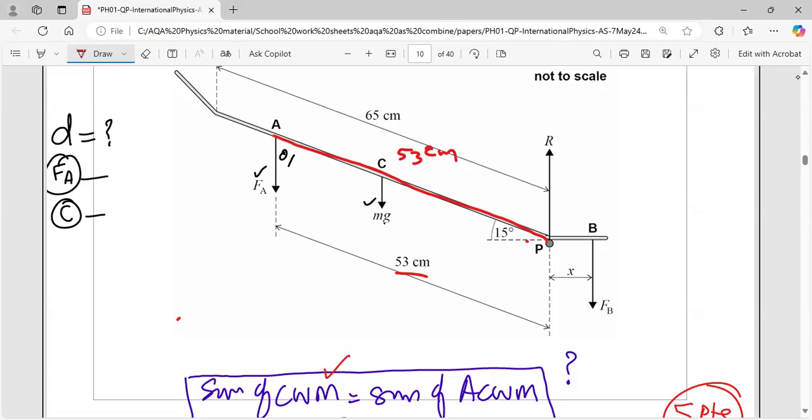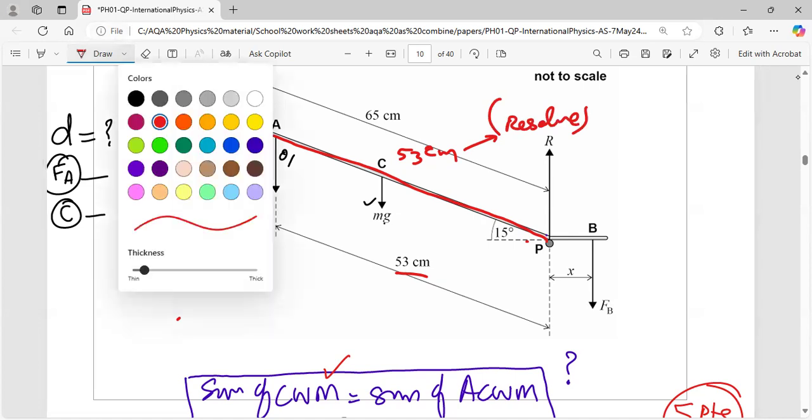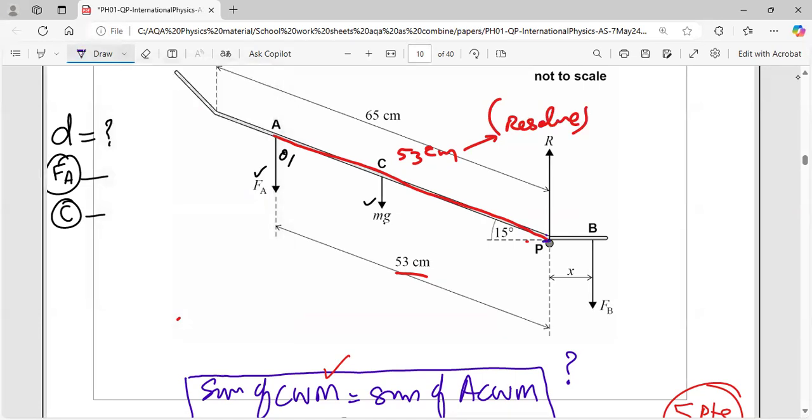And this is at an angle of 15 degrees. So if I resolve this into components, we have to look for the two components. The first component is adjacent to the angle. So this is the first component, and this component is 53 cos 15. And then the other component is sine.